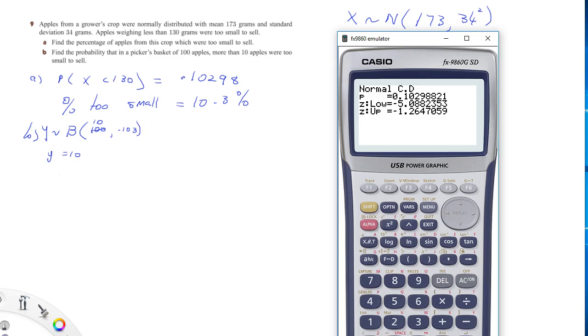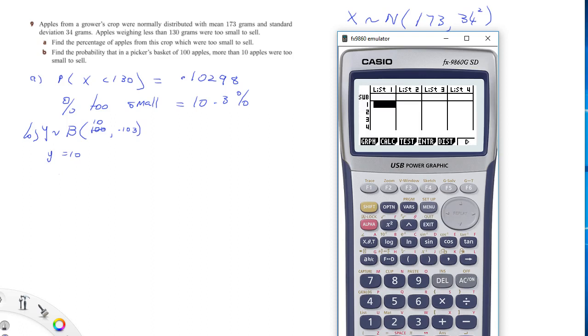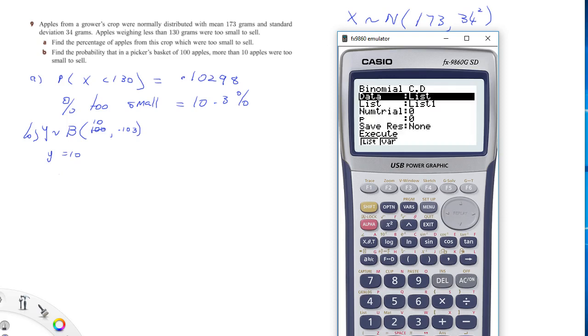So when we go back out, this time distribution, binomial distribution, we're adding it up together. We don't want list, we want the variable data. So we want 10 out of 100.